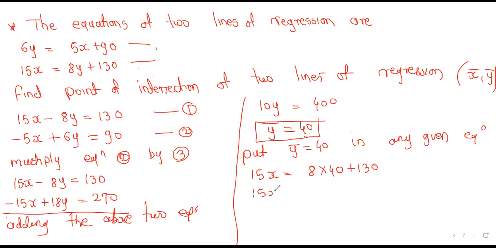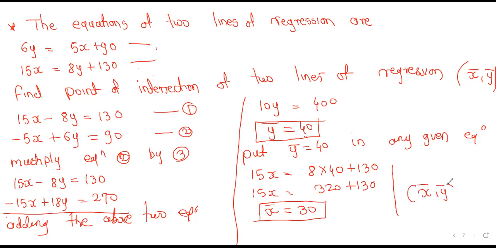So 15x is equal to 320 plus 130. So x bar is equal to 30. So the point of intersection of lines of regression, x bar and y bar, is 30 and 40.